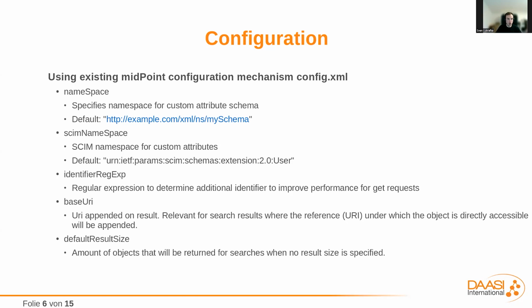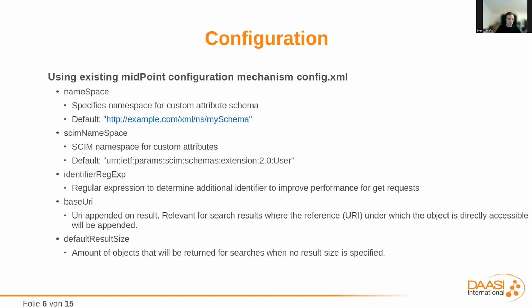Then we have the identifier regex. This one is there in order to be able to define an additional identifier for your user or for your requests. So earlier we talked a little bit about an endpoint under /users/OID. This one requires an identifier, the OID, and in the overlay we implemented a feature that you can define an additional identifier, which will then also be usable as identifier.